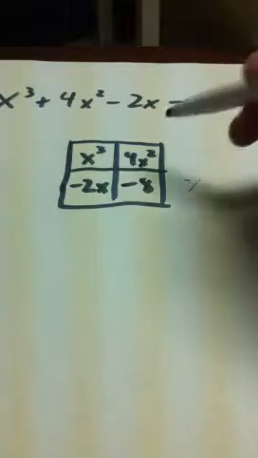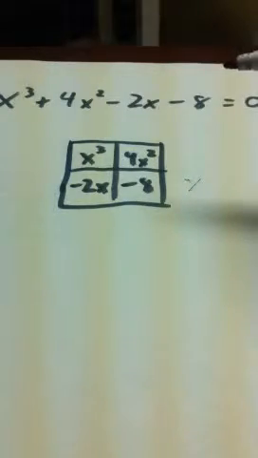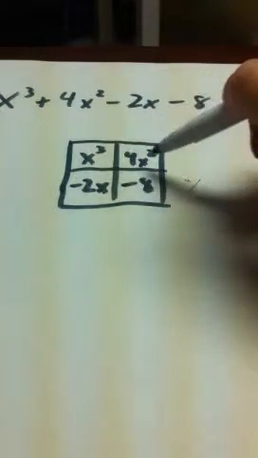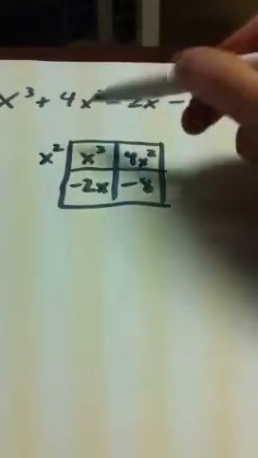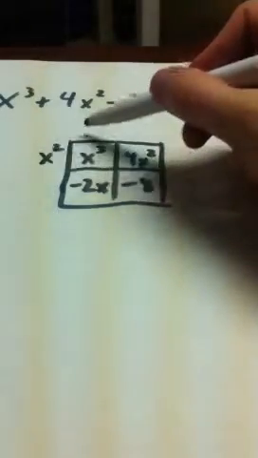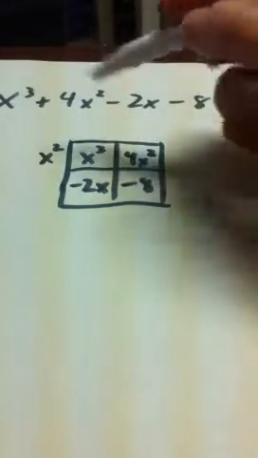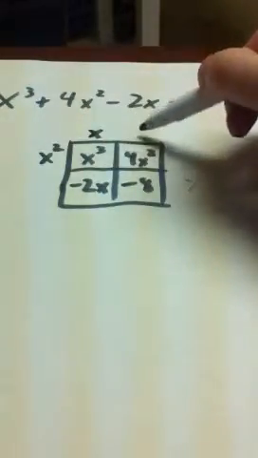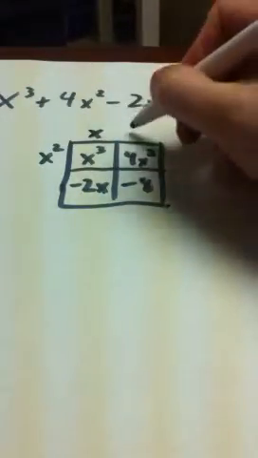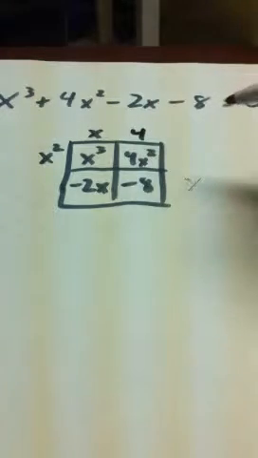Now, in order for this to work, I'm going to have some common factors. So for x cubed and 4x squared, I can pull out an x squared. And what I really want to check is my multiplication. X squared times what is x cubed? That's x. And x squared times what is 4x squared? That is 4.